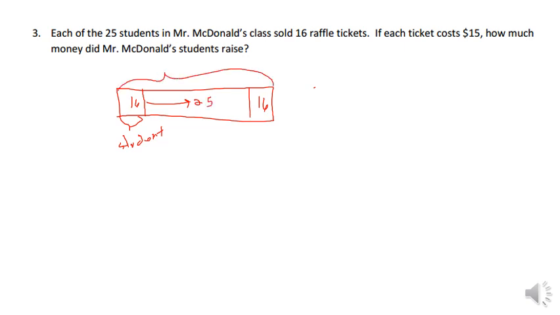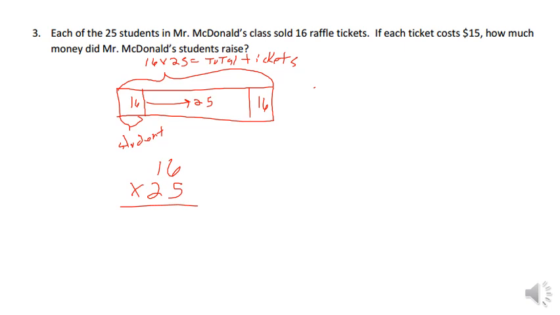And I know that there are 25 students. So to figure out how many tickets they sold, it would be 16 times 25, which would equal total tickets.